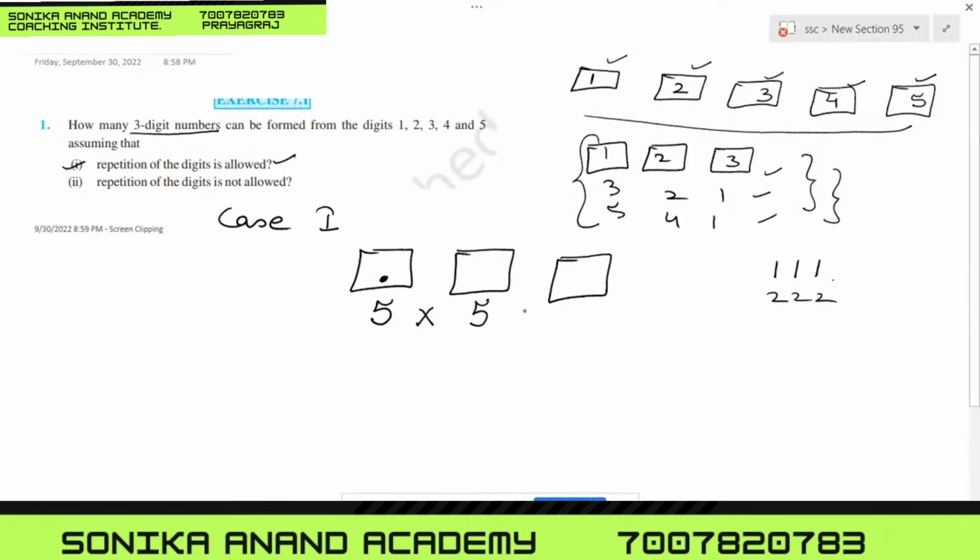So in the third one, I also have 5 choices. So when the repetition of digit is allowed, how many ways are there? 125. That is, repetition is allowed.